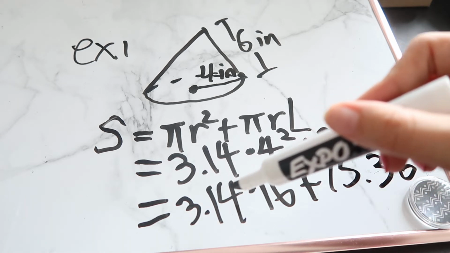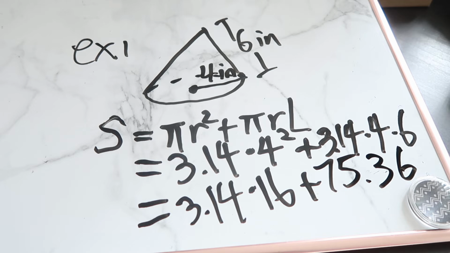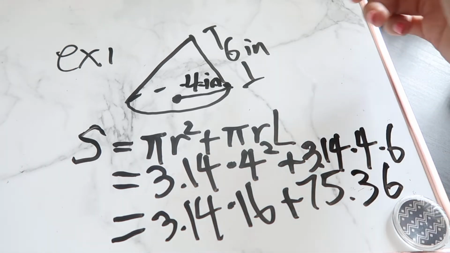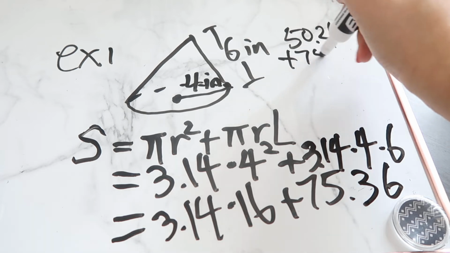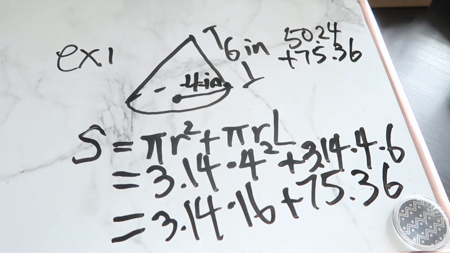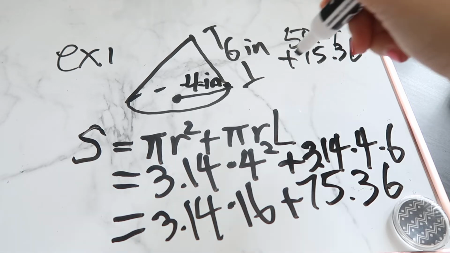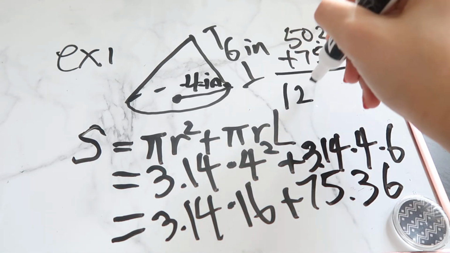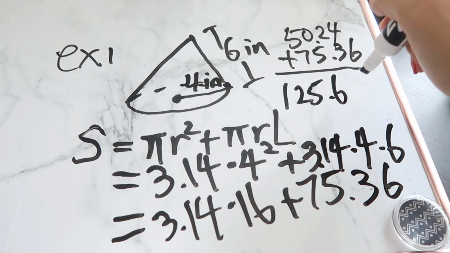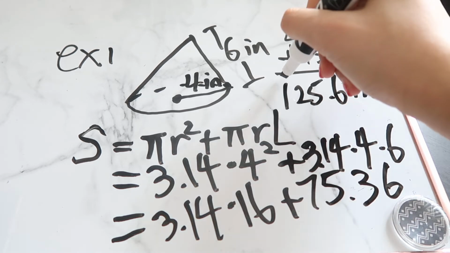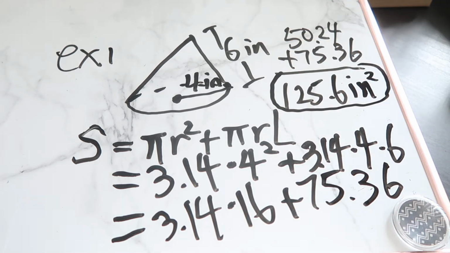And then you figure out what is 3.14 times 16, which is 50.24. You add that with 75.36, which will give you 125.6. And because it's surface area, the unit will go with inches squared. Whenever it says something's area, it's always the unit squared, and whenever it's a volume, it will be a unit cubed.